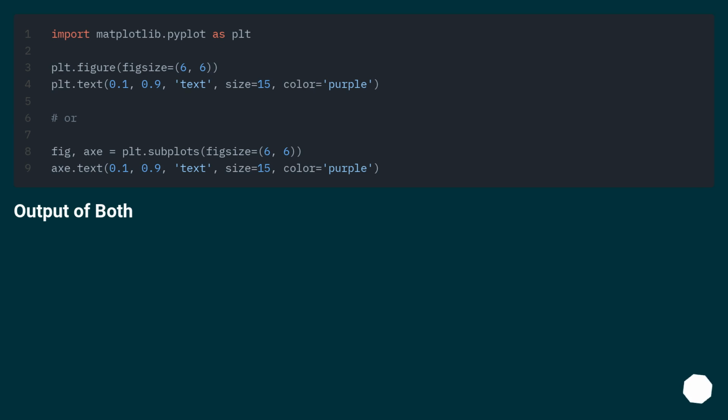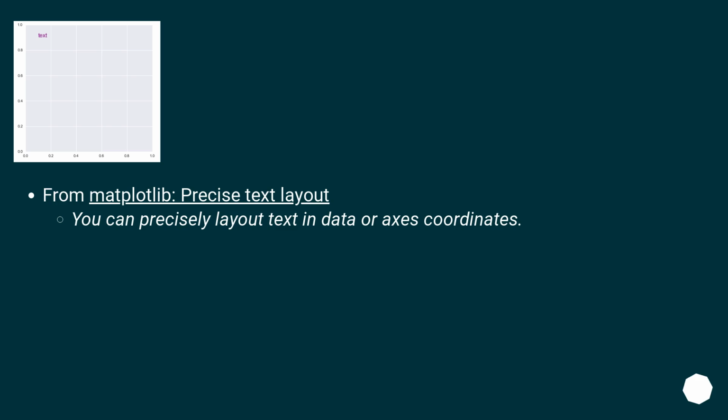Output of both. From Matplotlib, precise text layout. You can precisely lay out text in data or axes coordinates.